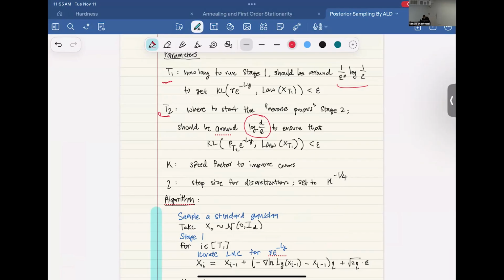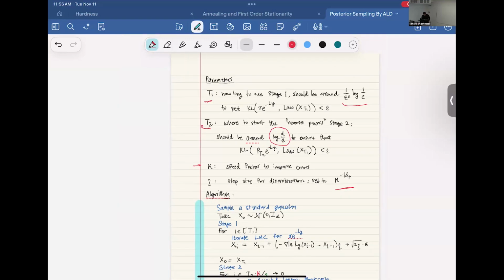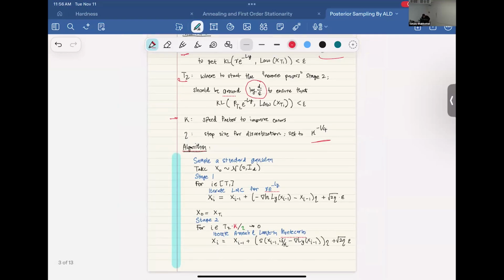Then there's this kappa, which is the speed factor from annealed Langevin dynamics. And then there's a step size eta. This is the step size for discretization, and we'll set that to be kappa to the -1/4. So the algorithm, we've talked about this, but just formally, you start with x0 sampled from a standard Gaussian. For t1 iterates, you do this.